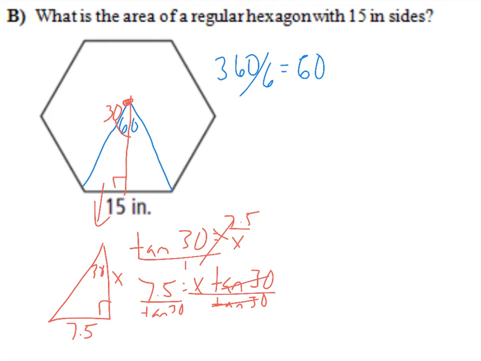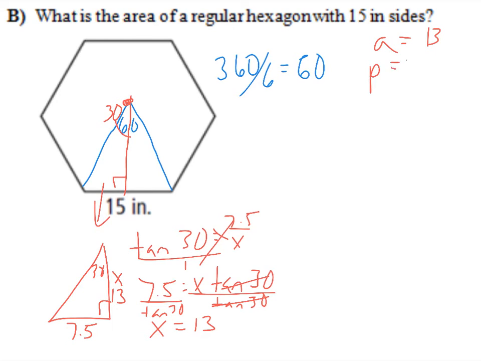And we get that x is equal to, we'll say 13, because it's 12.99. We're going to round that up to 13. So I know my apothem is 13.